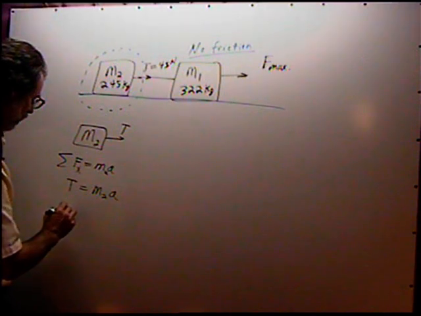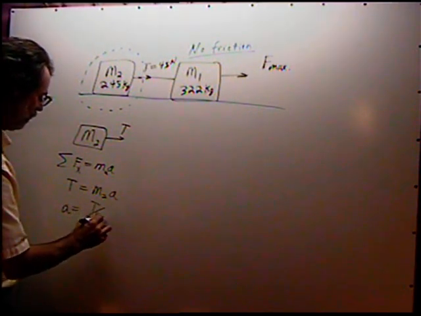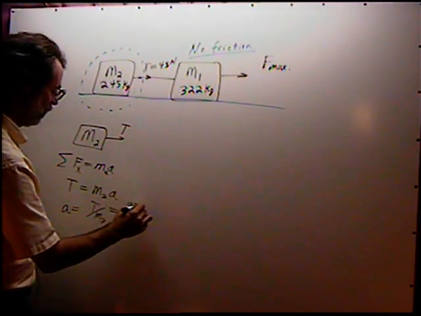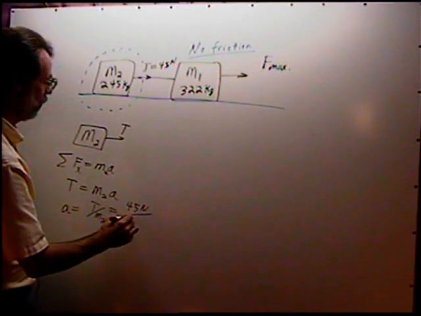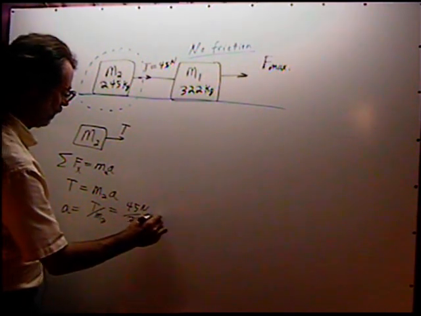So the acceleration equals T over m2. T is 45 newtons, m2 is 245 kilograms.